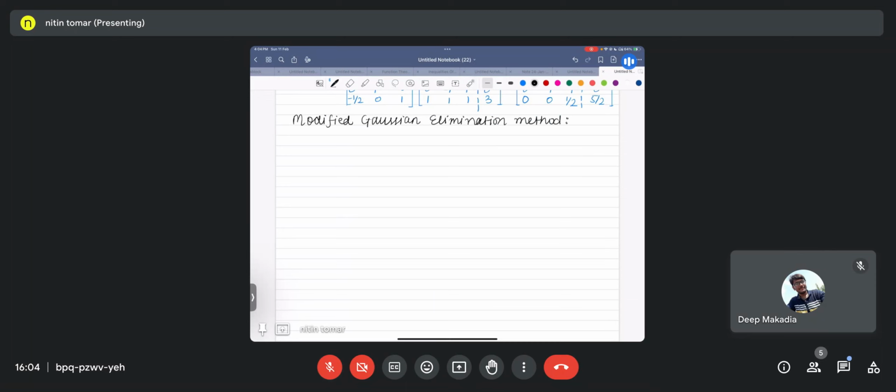You remember in the naive Gaussian elimination method, row exchange is not allowed, correct? You cannot interchange two rows in the naive Gaussian elimination method.